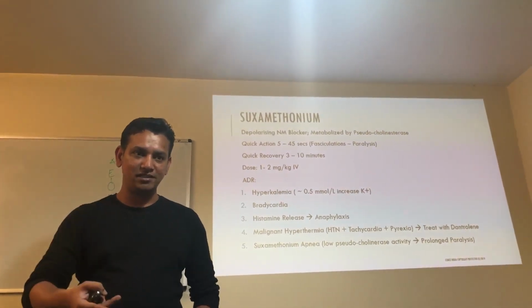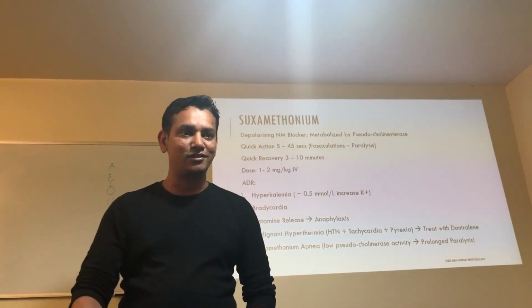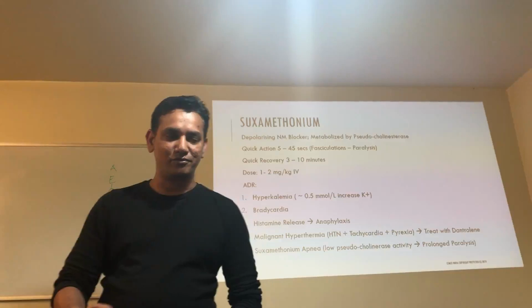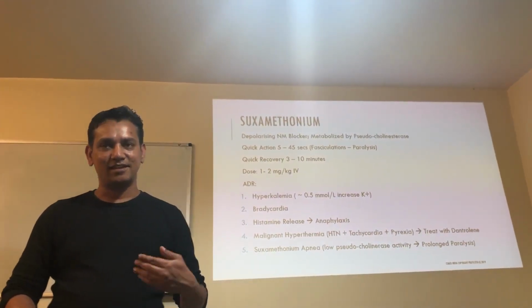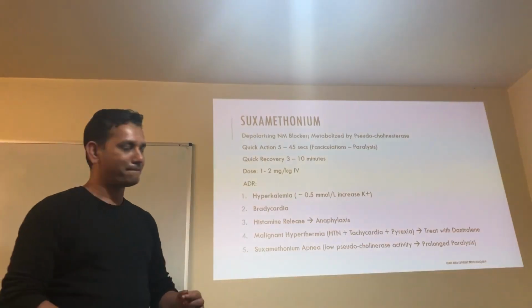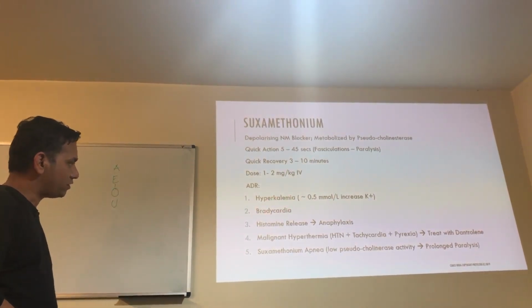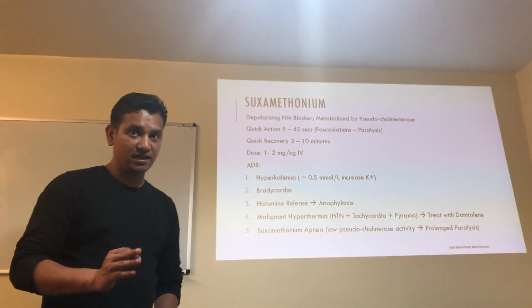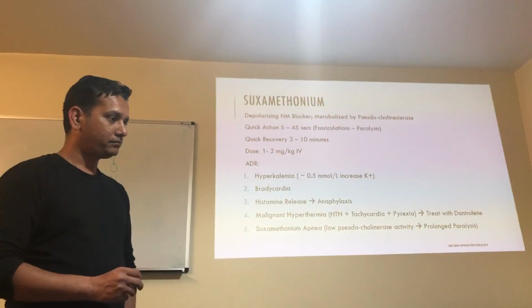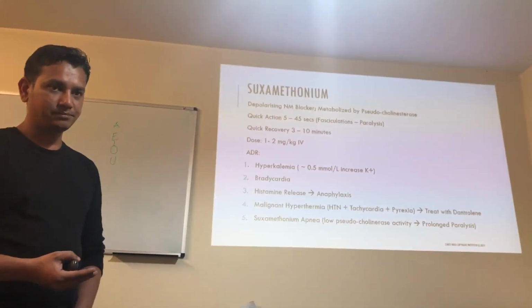So it's depolarizing first. That's why it causes transient hyperkalemia, because sudden contraction happens. Immediately when you give it, you see fasciculations. That raises your potassium. It can cause bradycardia, it can cause histamine release, and may precipitate anaphylaxis. Then one thing we learned was malignant hyperthermia.